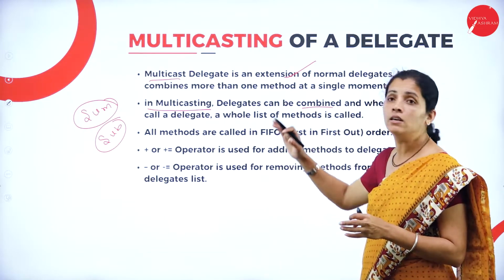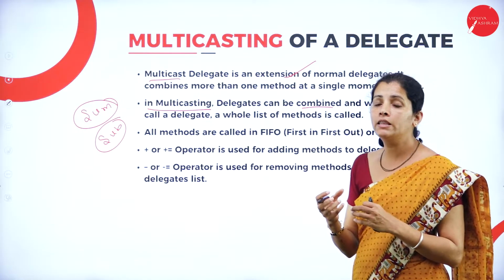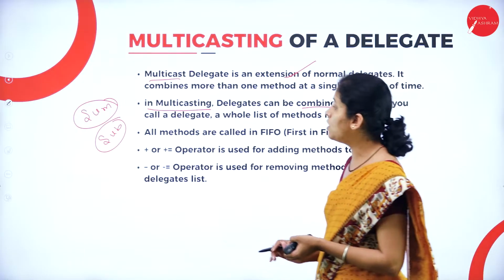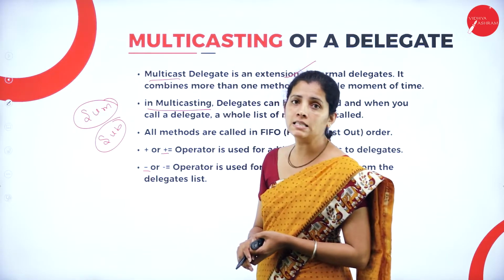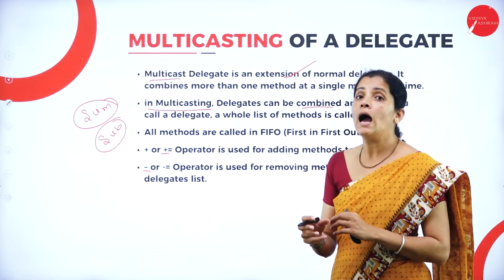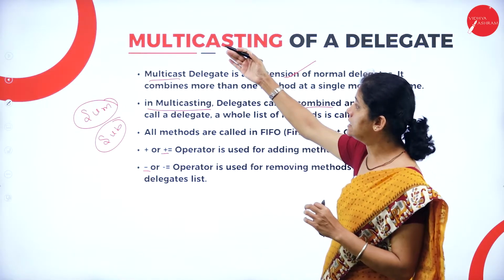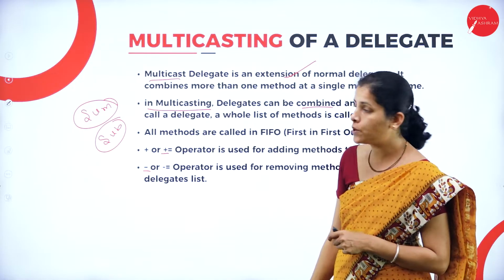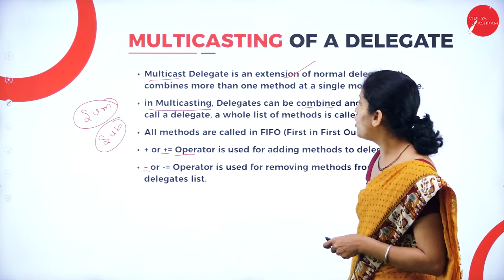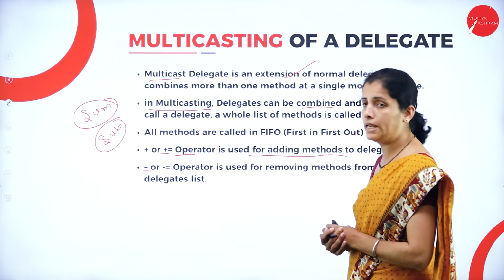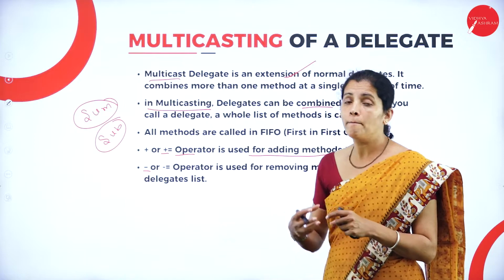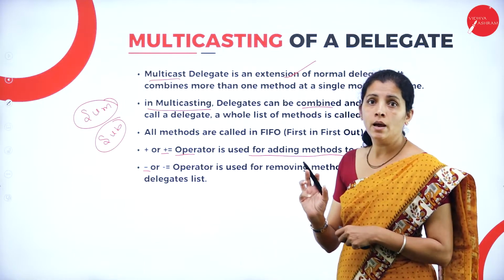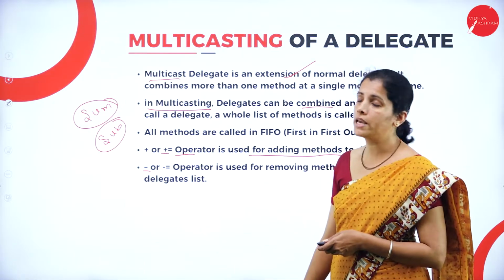If I want to create multicasting, that is, multiple references, then I'm going to use the plus operator or minus operator. Plus equal to means I'm adding, or creating the multicasting. And if I want to remove a method, then I'm going to use the minus equal operator. So the plus equal operator is used for adding methods to delegates, and to remove methods from the delegate, I'm going to use the minus equal symbol.